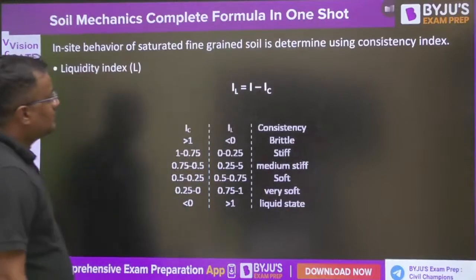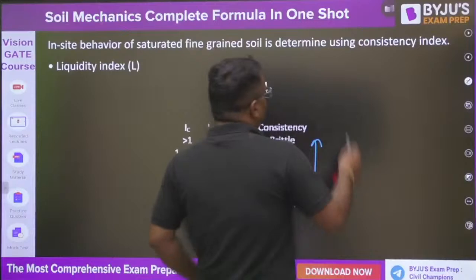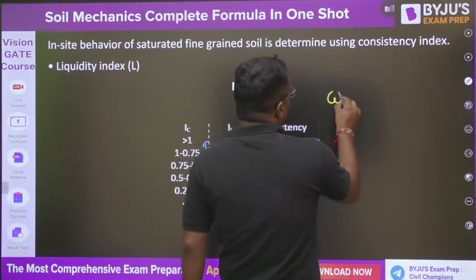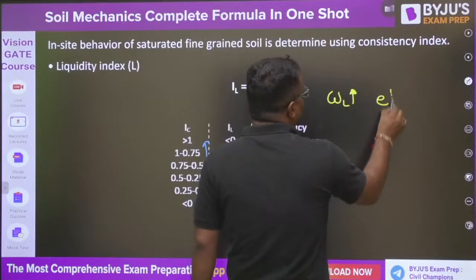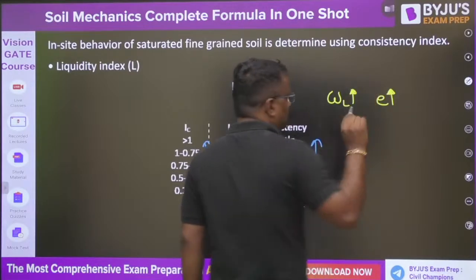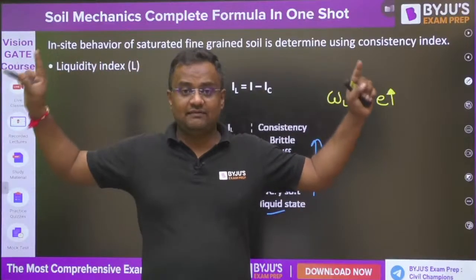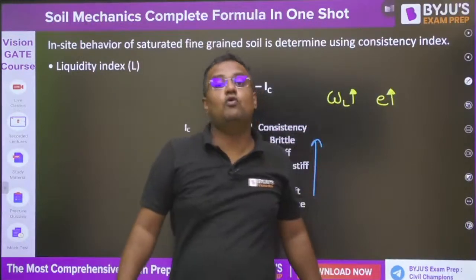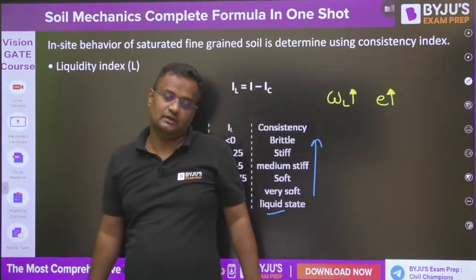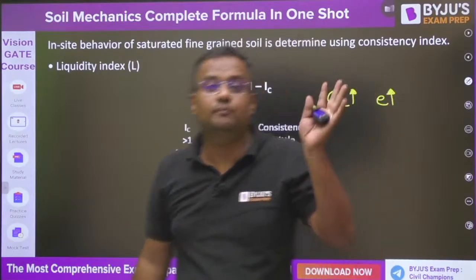Now guys, one thing I want to tell you, from this numerous questions will be solved: if liquid limit is more, for that soil void ratio will be more, voids will be more. That means more water can be filled in this before it comes to saturation state, and further water will be there for making it liquid.